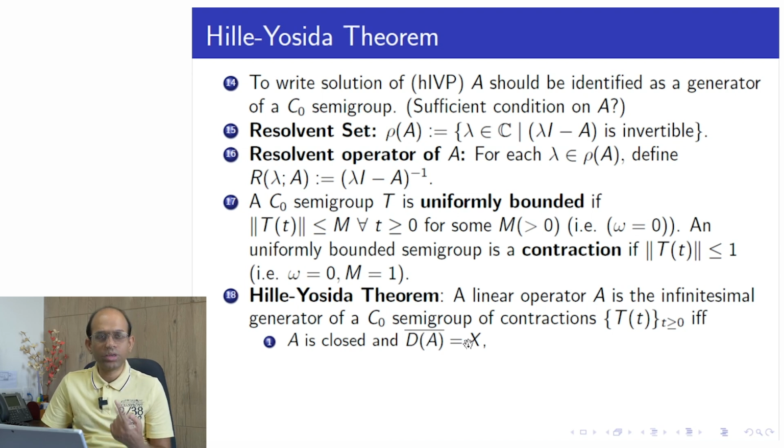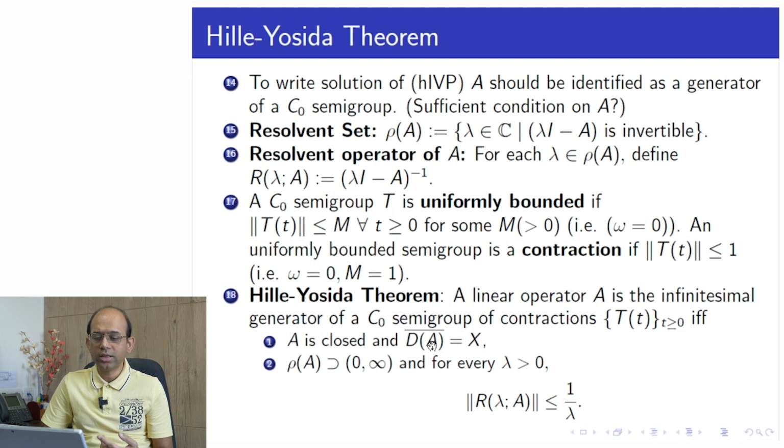So this is the first condition. The second one is that the resolvent set rho of A contains the interval open 0 to infinity, so all positive numbers are contained in the resolvent set. In other words, for every positive lambda, lambda I minus A is invertible. For lambda positive, I can define R lambda A because it is in the resolvent set.